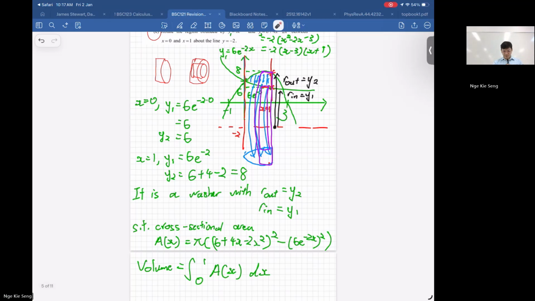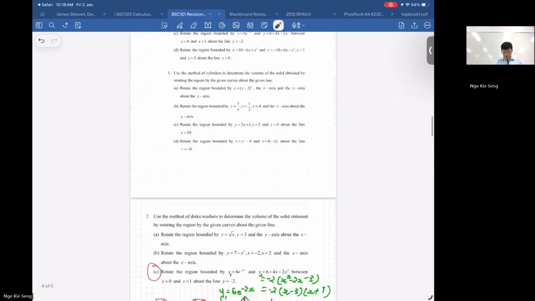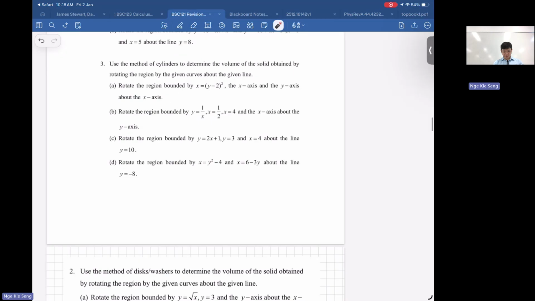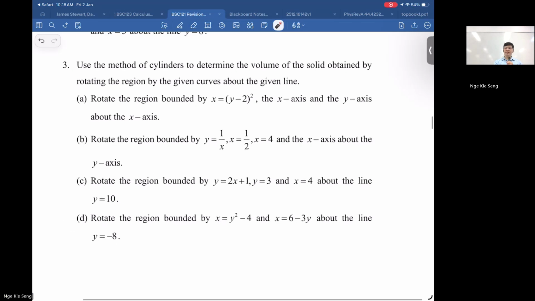Okay. Should we do one more for this cylinder? Not the cylinder one. How about Jiachen? No? Pick one.